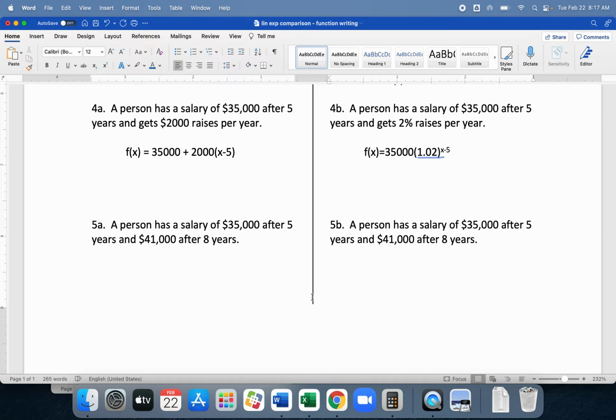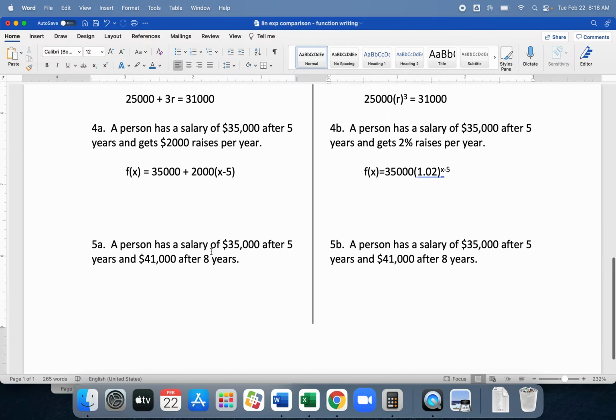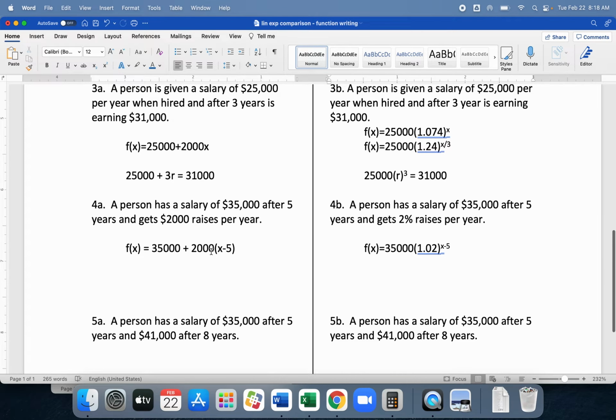So the last questions here, neither one is particularly easy. Person has a salary of $35,000 after 5 years and $41,000 after 8 years. If it's equal yearly raises, that works out to the same yearly raise as the last two questions, $2,000 a year.